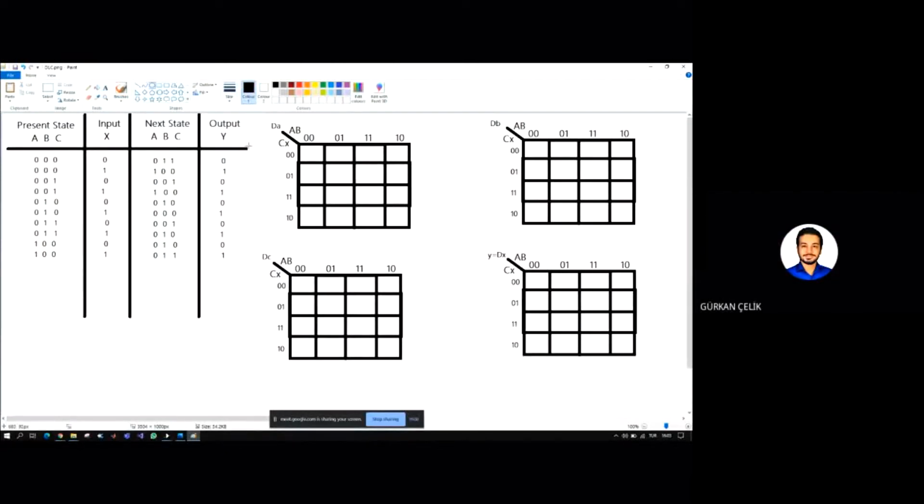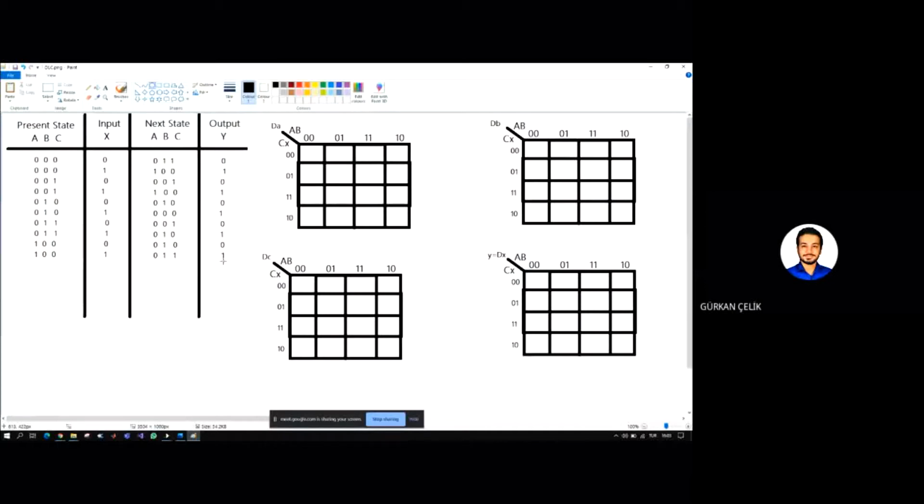So for the next part, the Karnaugh map, we have 4 different Karnaugh maps. For each state, there should be different flip-flops, and for output Y, you can add either the output value as an LED or the D flip-flops.